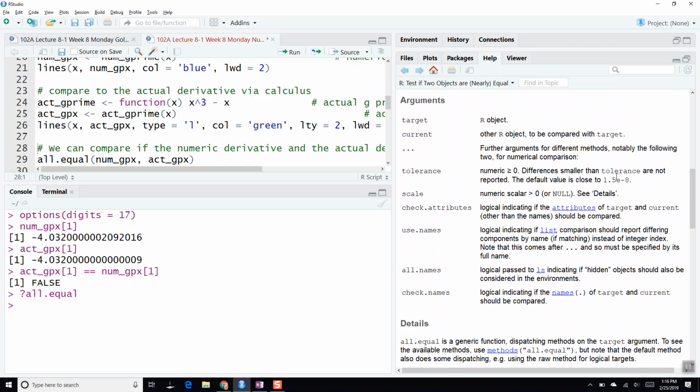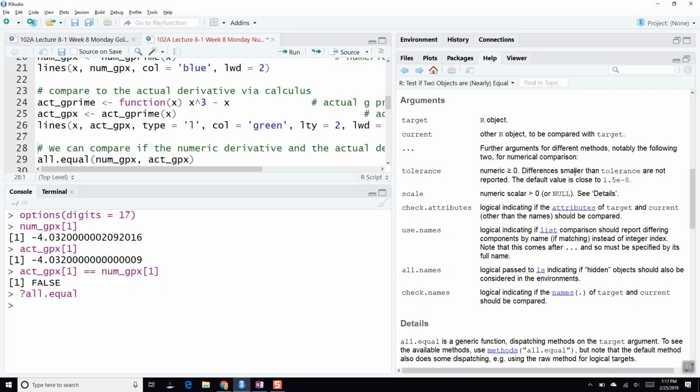This allows for rounding issues because of floating point arithmetic, or if we're doing numeric derivative approximations. So this is not good for proving anything mathematical, which is not what we're trying to do. We're just trying to get approximations with the computer, right? That's the whole point of using the computer.